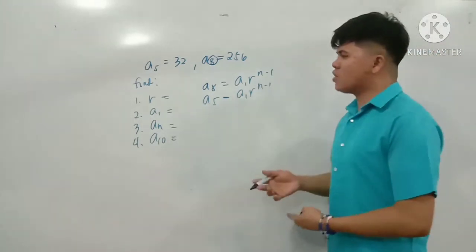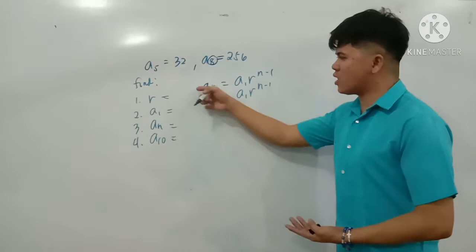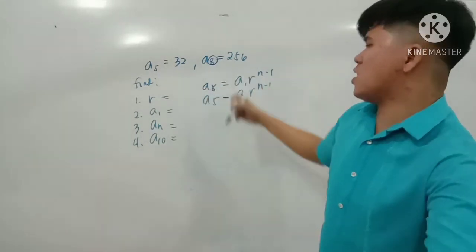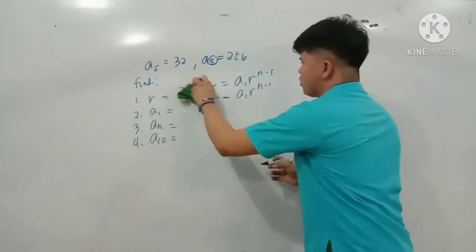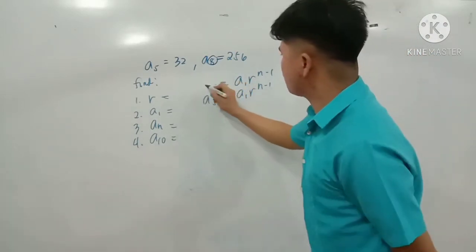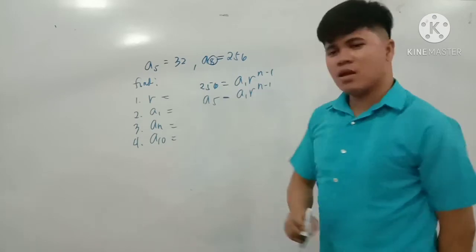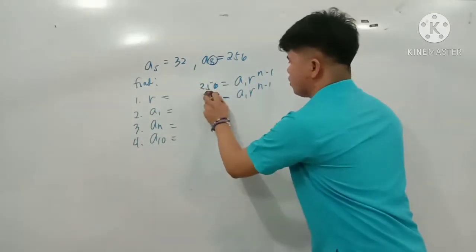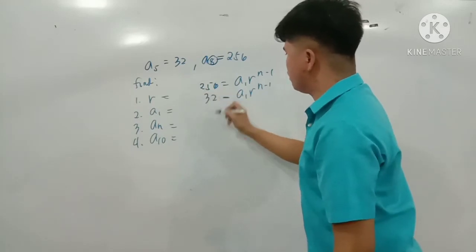Next, we substitute the values for the given terms. Our a sub 8 is 256, so we substitute 256 here. Then our a sub 5 is 32, so we substitute 32.